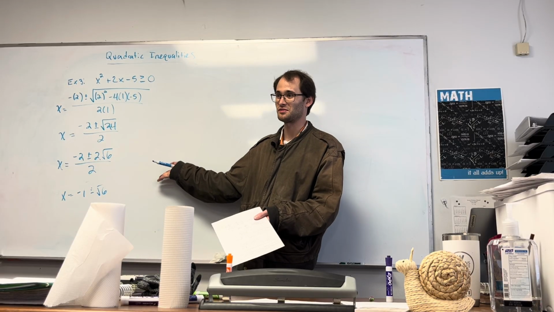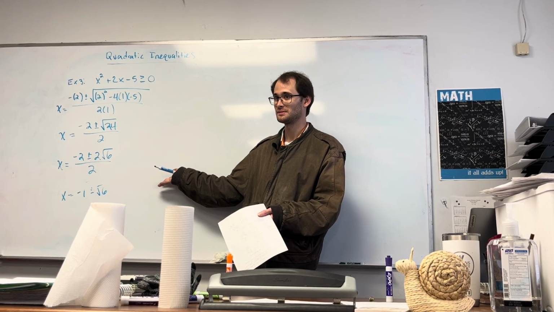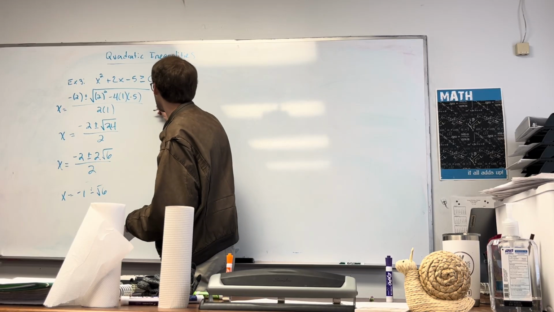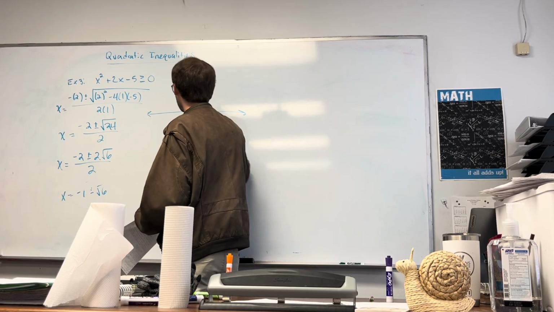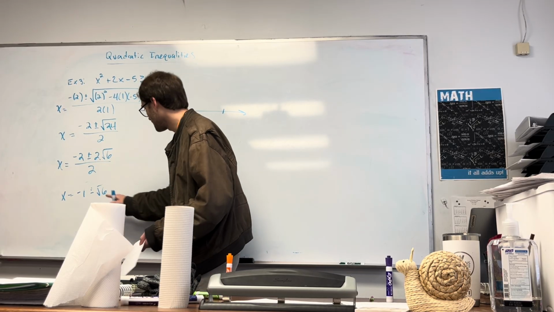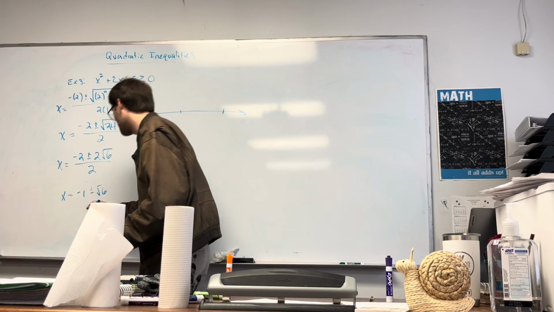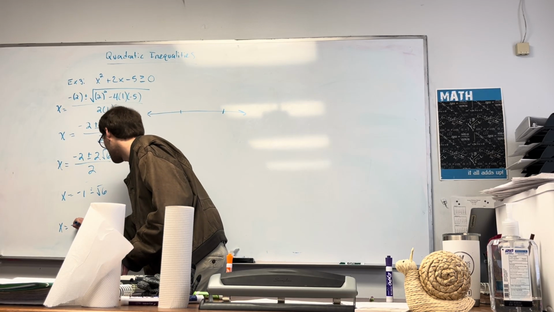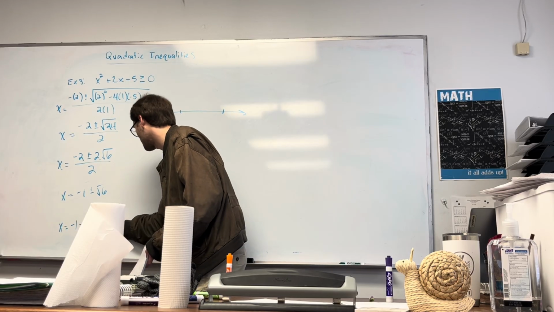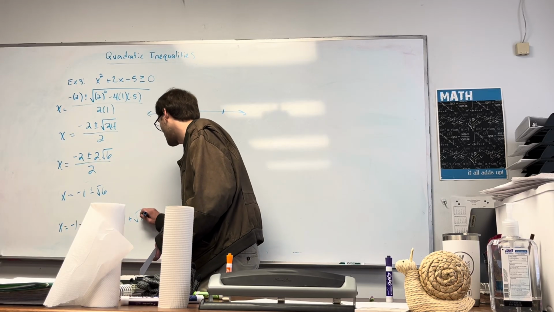Do we see how our critical values are a little grosser looking here? So on the sign chart, they're not even equal to 0. Remember, this is why we have the plus minus. One of them is -1 minus square root of 6. The other one is the same thing with a plus.